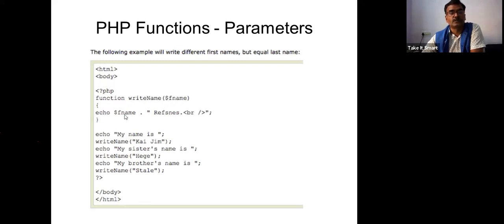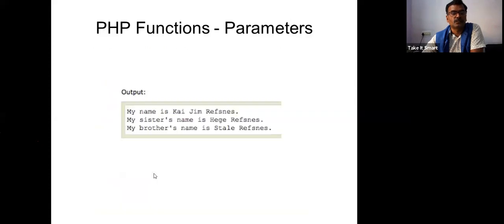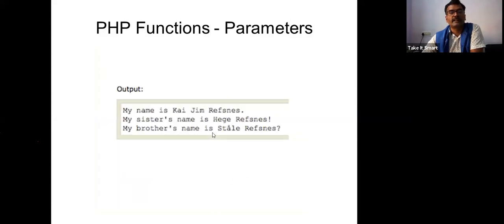I'm instructing it to echo fname in this one. So echo "my name is" this, write name Jin. Are we passing two parameters? No, it is one parameter because it is under single double quotes. Echo "my sister name is", write name here. Okay, so that is function parameters.